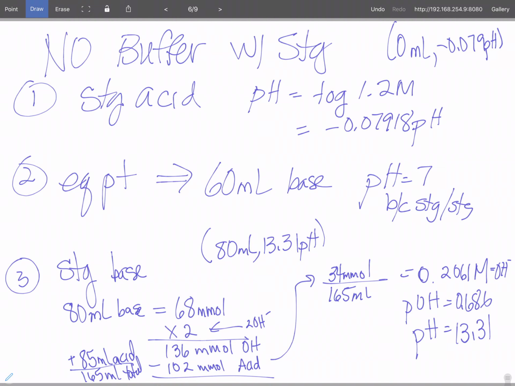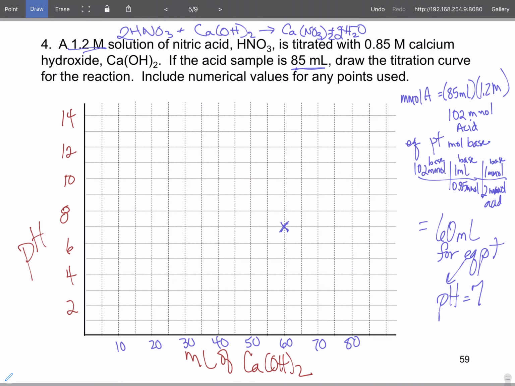Now, we don't have to do anything else because this will give us our value. So our first point was over here was 0, and it was a negative, so we'll just go with 0 milliliters and negative 0.079 pH. The second one is 60 milliliters, 7 pH.